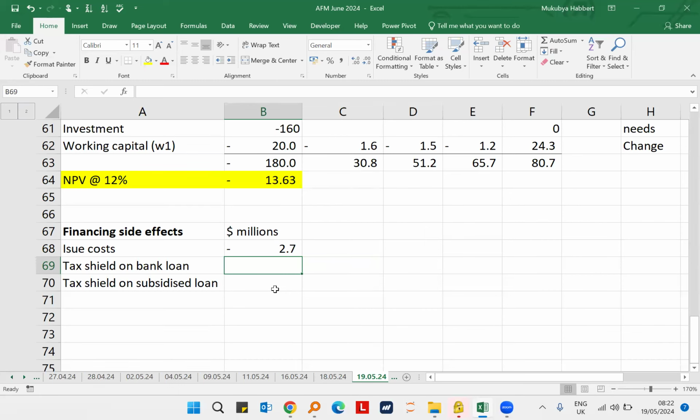Now, I am doing everything in this cell, but if it becomes too much for you to bear, then you can create workings.